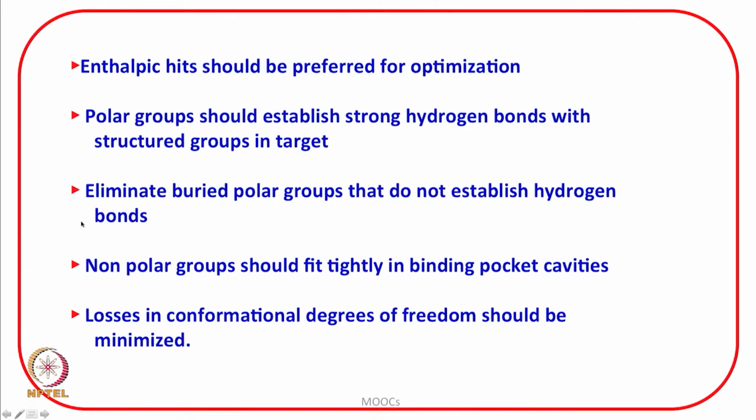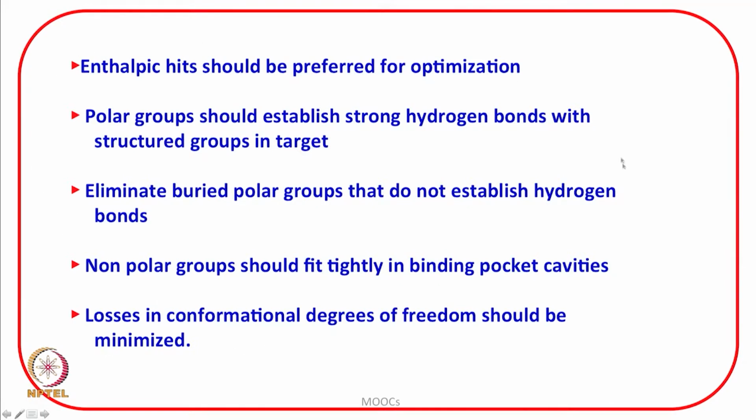The next guideline which emerged from this discussion is to eliminate buried polar groups that do not establish hydrogen bonds. Non-polar groups should fit tightly in the binding pocket cavities, and the losses in conformational degrees of freedom should be minimized.